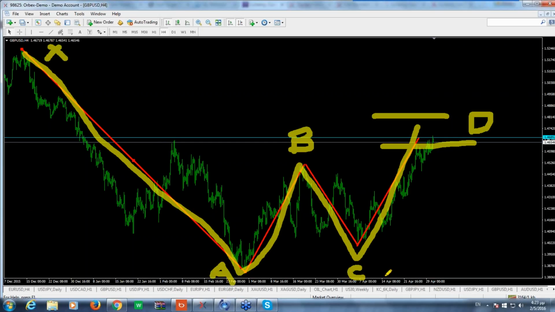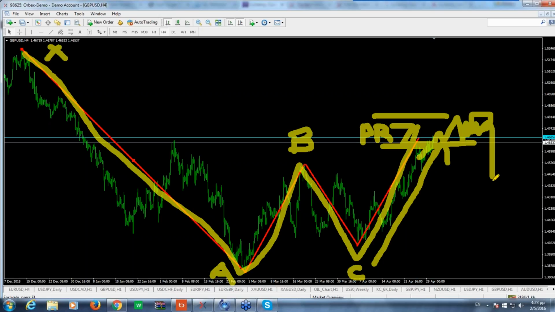So you've got X, A, B, C, D, and usually once prices go up to this area, it is called the PRZ, which stands for potential reversal zone. And usually once it goes up there, anywhere along here, it would make a reversal down. So that's a W-like pattern, which is also called a bearish-like pattern. But I would like to go through that with you again.